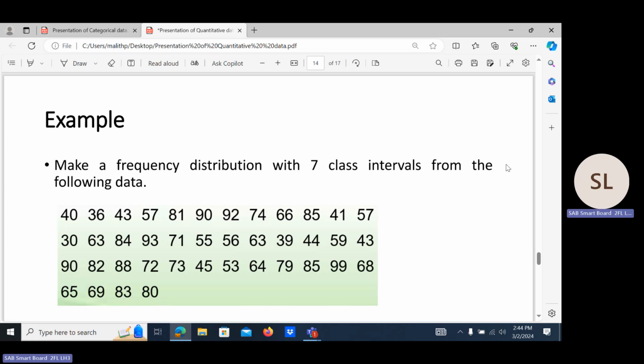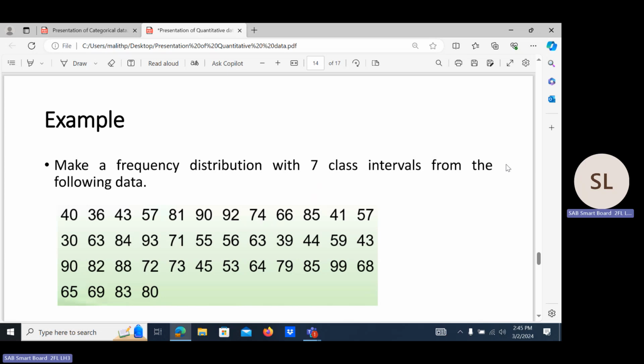Then there is an example. Make a frequency distribution with 7 class intervals from the following data. Okay, that is the raw data set. What is the first step? No need to do the arrangement. That is not compulsory. We can use the raw data. Then what's the first step? Identify the lowest value and the highest value.